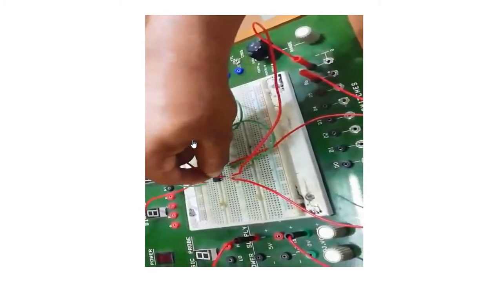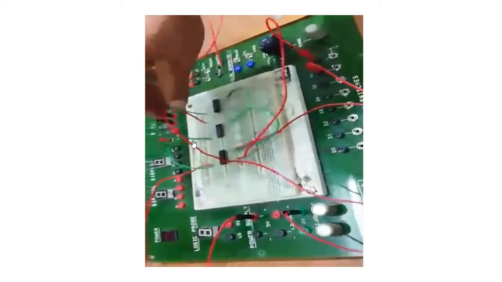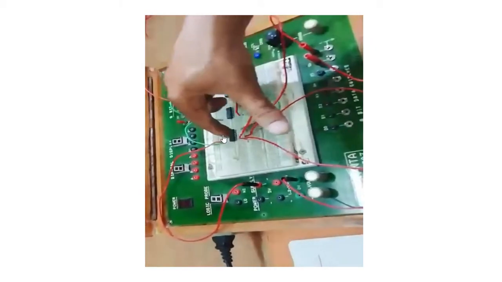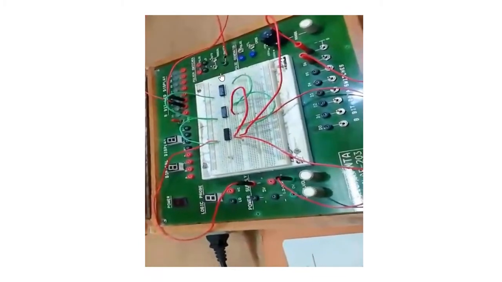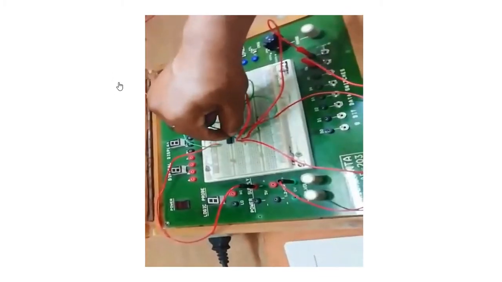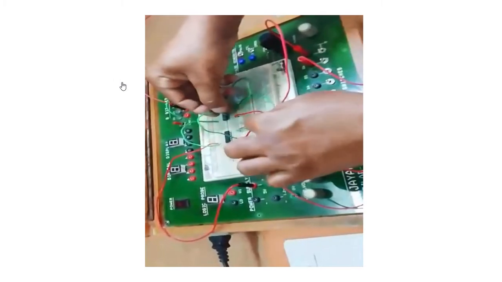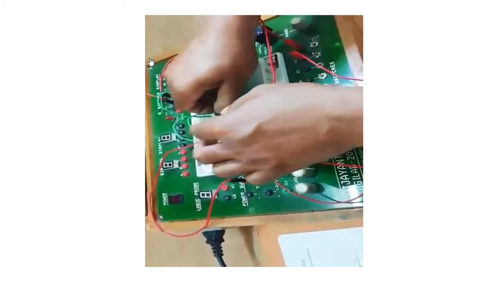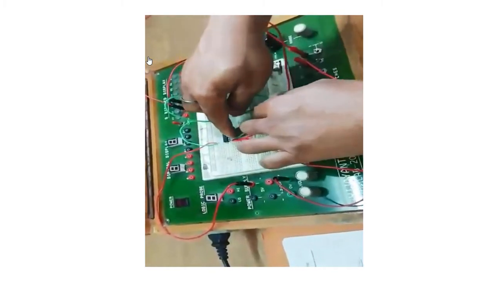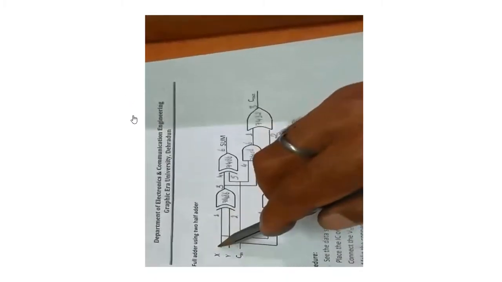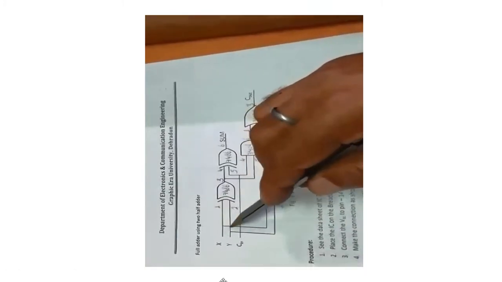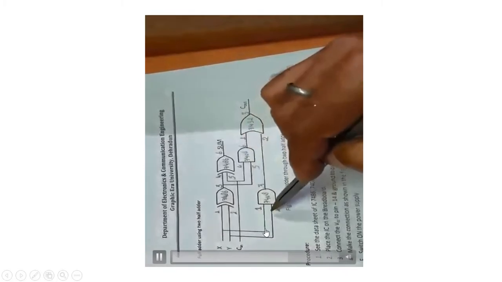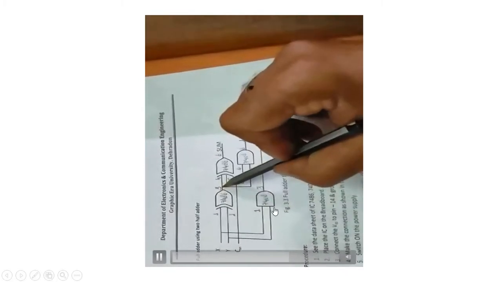Now we know that in a single IC we can have 4 gates. So we require only 3 ICs, one for XOR, one for AND and one for OR. So for the 2 XORs, we are giving inputs A and B to the first XOR gate, pins 1, 2, and at 3 we are getting the output.